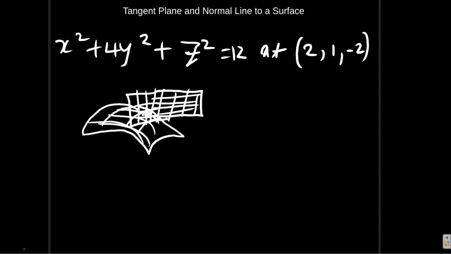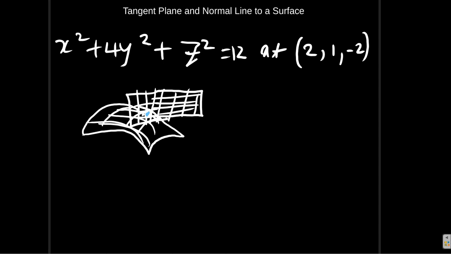Alright? So it touches it here. What we are looking at here is a surface. It's curved, as you see the squared in the x, y, and z, and then a plane. It's flat, like a tile or something like that. Alright?